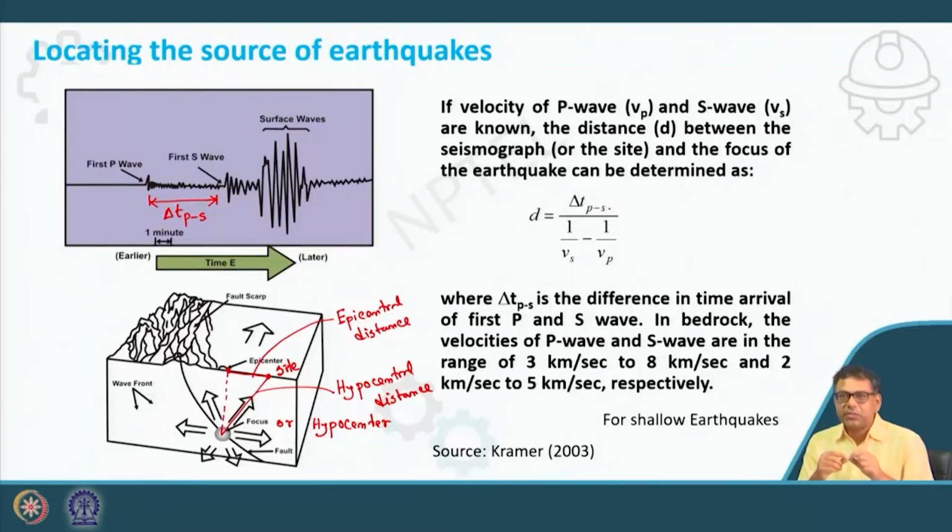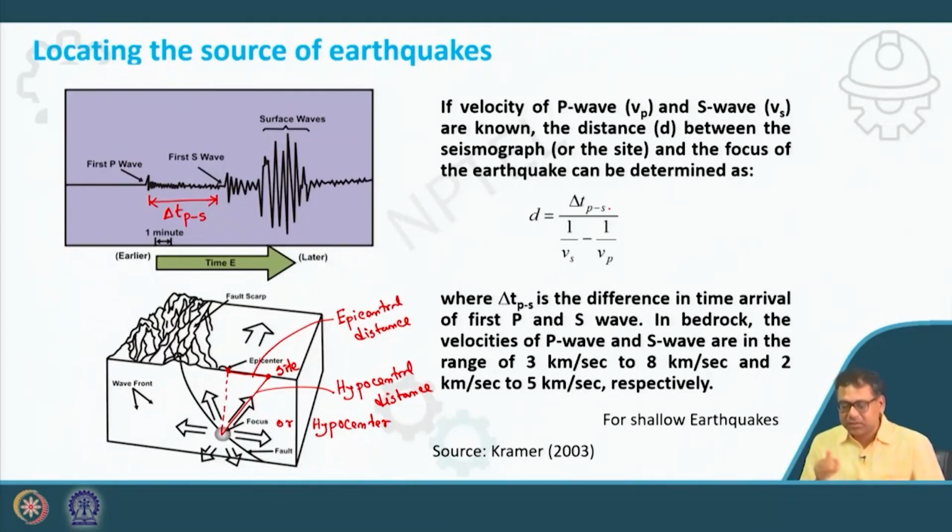If the distance between the epicenter and the hypocenter is very small, say a few kilometers, then we can use this expression. There the wave will travel through the crust only, and that depth, a few kilometers, is very small compared to the distance from the hypocenter to that site, or the epicenter to that site.